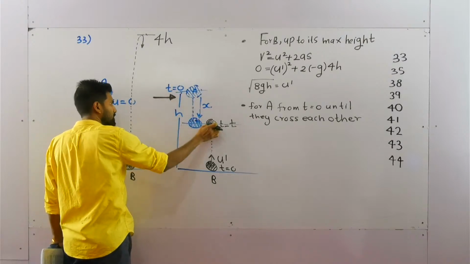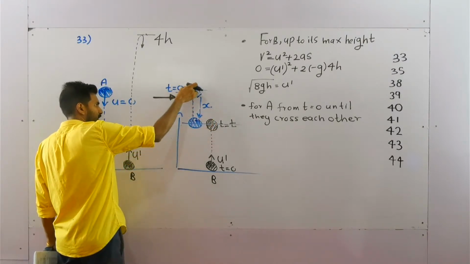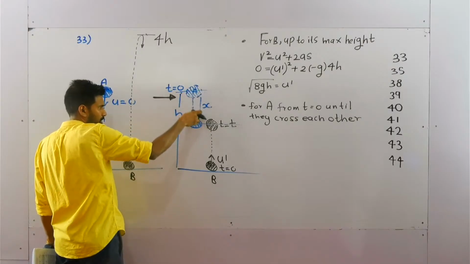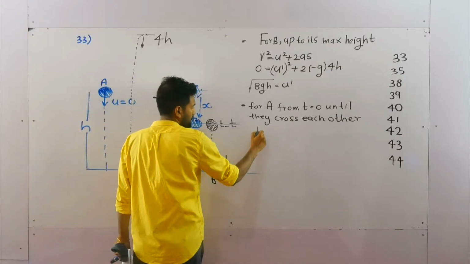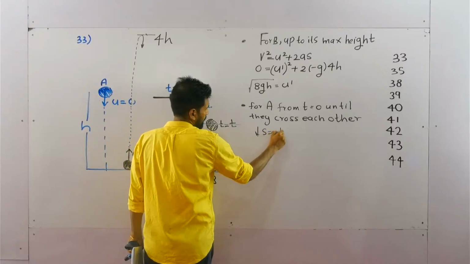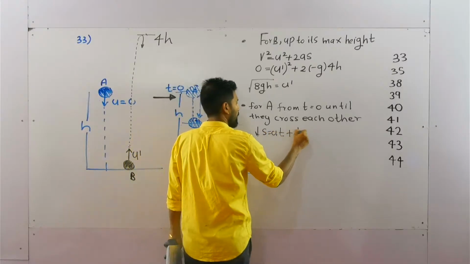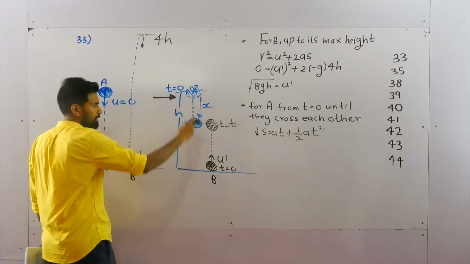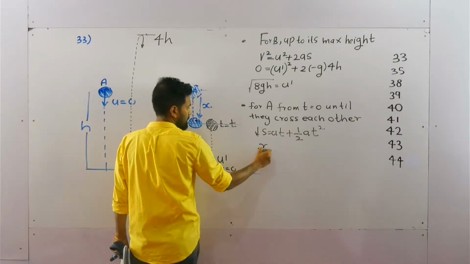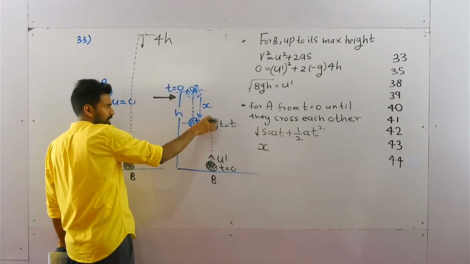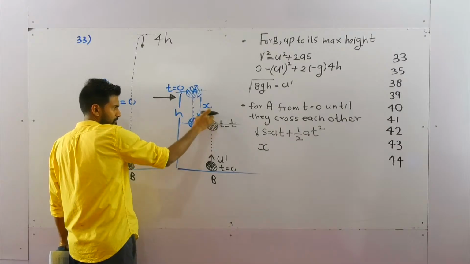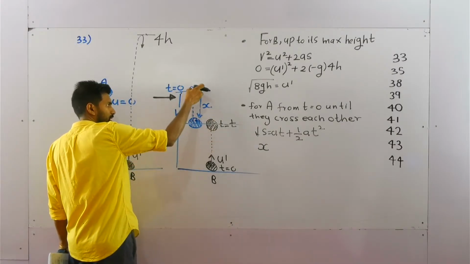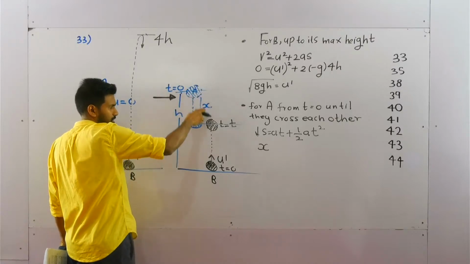When they are crossing each other, A is traveling a distance x in the downward direction. So applying S equals ut plus half at square downward. When they are at the same level, capital A has come a distance x.